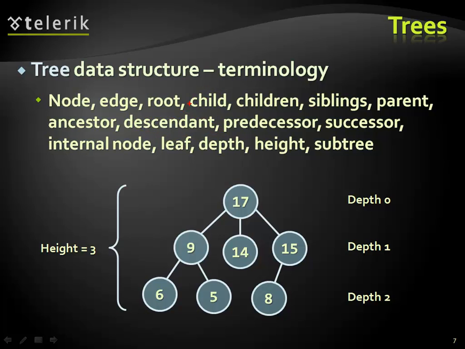A descendant is someone who descends from his ancestor. So, a successor, all of these things basically mean the same thing. A successor is a child. You can imagine it as a child in this case. Basically, this is the terminology: ancestor, descendant, predecessor, and successor. This is a terminology we will use in traversals, but for traversals, we'll speak later on.